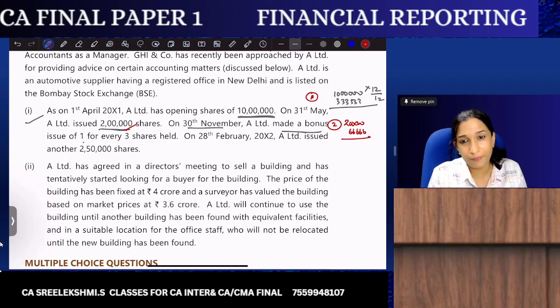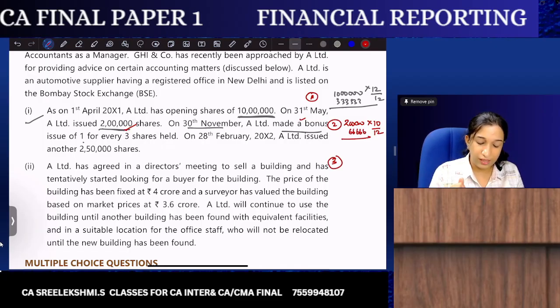So I'll count from 31st May, into 10 by 12. The bonus issue will not be considered again because it's already included. On 28th February 2012, February and March, just 1 month: 2,50,000 into 1 by 12.